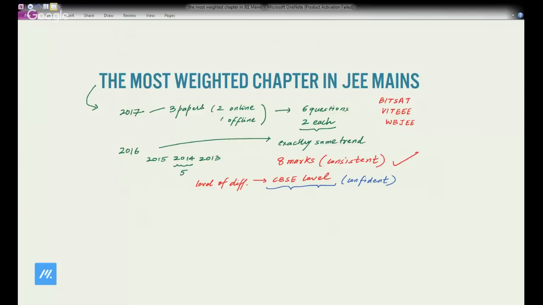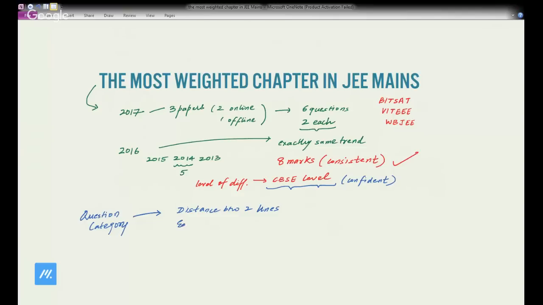Okay, and if you want to know what type of questions are asked, the question category, there is no fixed particular category, but a question definitely comes every time. But if you want to talk about it, there are two things very common in JEE Mains: distance between lines, maybe skew or non-skew.